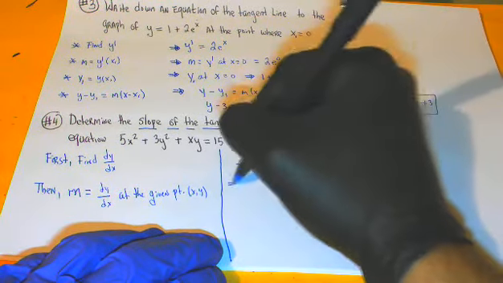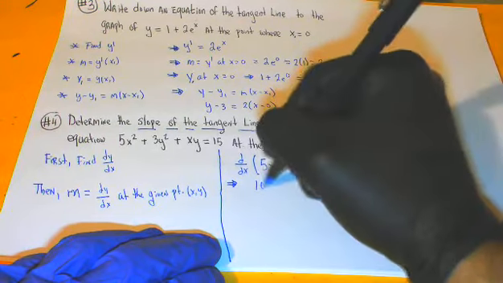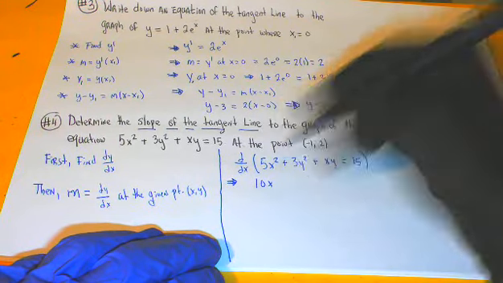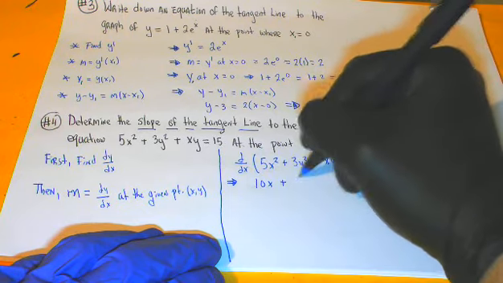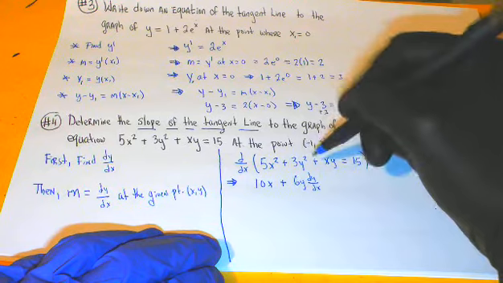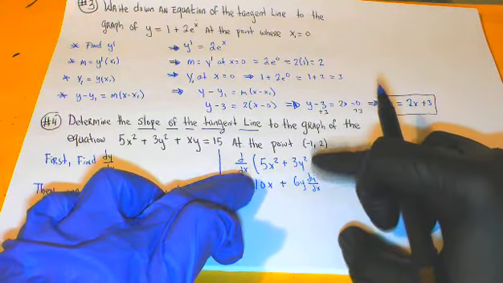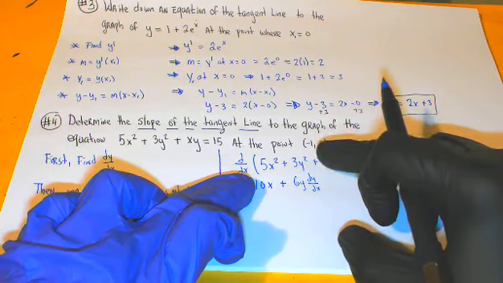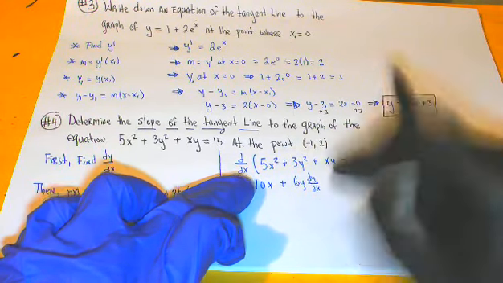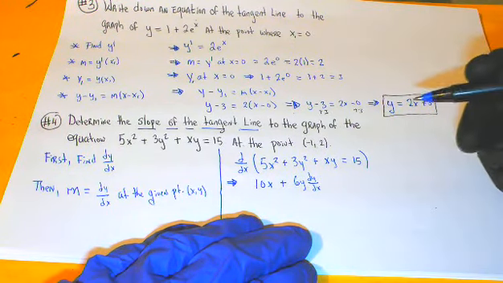The derivative of 5x squared with respect to x is going to be 10x. Take the derivative of 3y squared with respect to x, you're going to get 6y dy/dx. Remember, every time your variables don't match, when you apply implicit differentiation, you're taking the derivative of that variable with respect to x. So here we're going to have dy/dx.